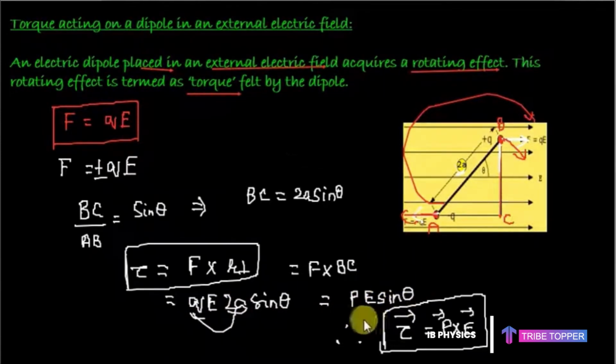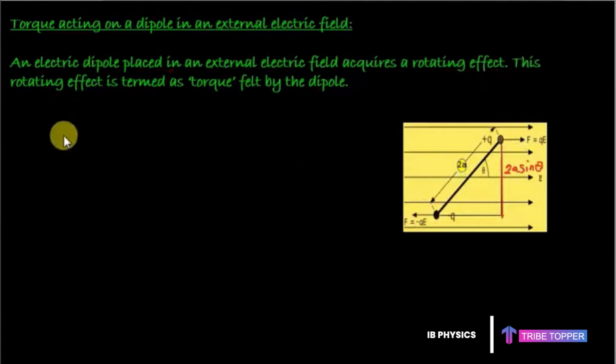Now this is a cross product, so tau is equal to P cross E. This is the torque acting on an electric dipole when it is placed in an electric field, and hence it starts rotating. Now since the torque acting on a dipole is equal to PE sine theta, the maximum value of torque depends on the angle at which this dipole is aligned with the field.